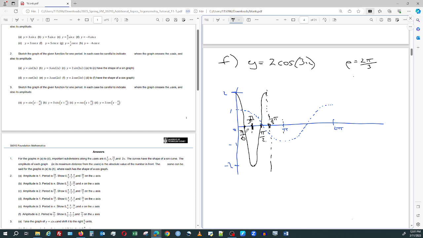So now we know that little bit is pi on 6. So we get 0, pi on 6, pi on 3, pi on 2, 2 pi on 3. We've done very well.